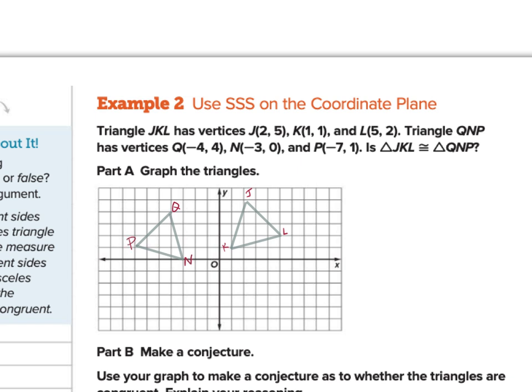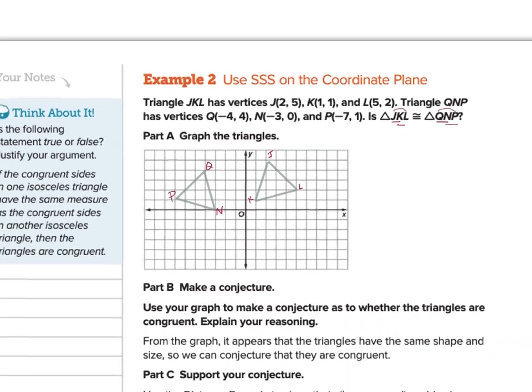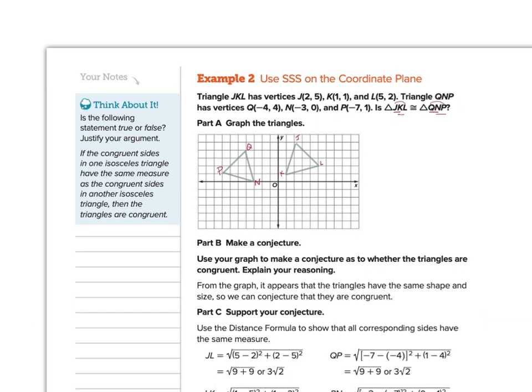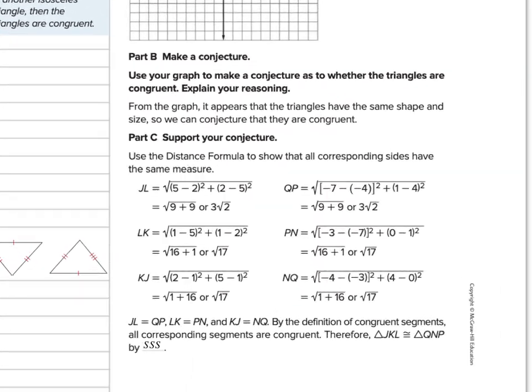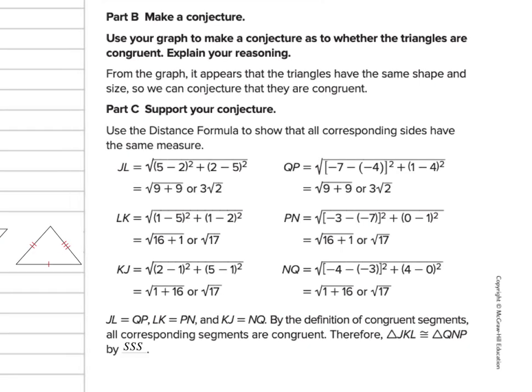And they want to know, are these two things congruent? Is JK congruent to QN? Is KL congruent to NP? And then lastly, is JL congruent to PQ? That's the order we're in, and what they did was they used the distance formula between the points.